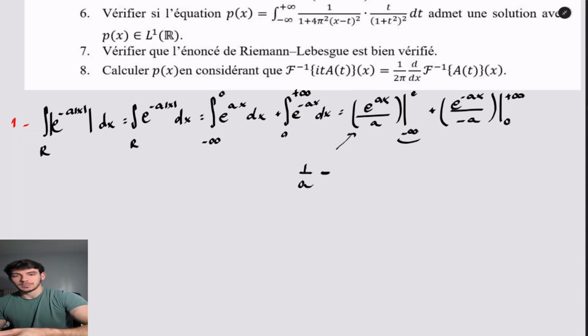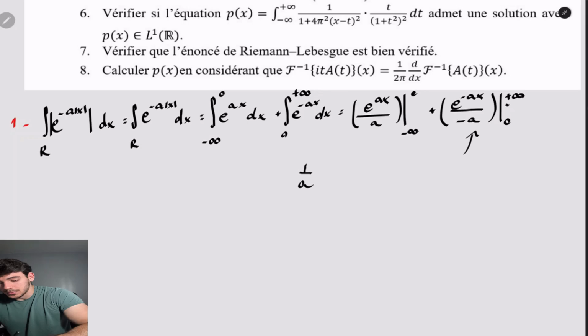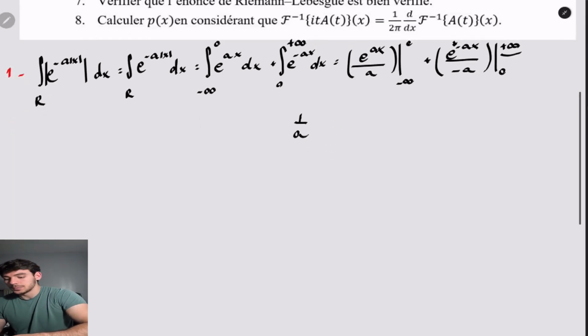So that's basically minus 0, so I'm just not going to write it here. Now we're going to analyze this one. When we substitute plus infinite, we're going to have an exponential of minus infinite. So that's the same case, we are decreasing to 0. So that's plus 0, so I'm not going to write it.